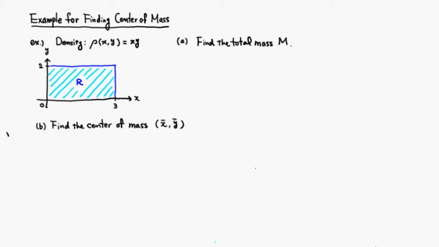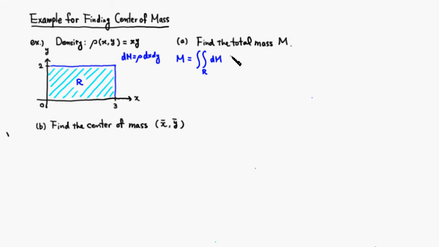All right, so m can be found by an integral over this region R of the mass element, so we can use dm. But the mass element is simply, so maybe I'll write it here, dm is simply rho times dx dy, density times area element.